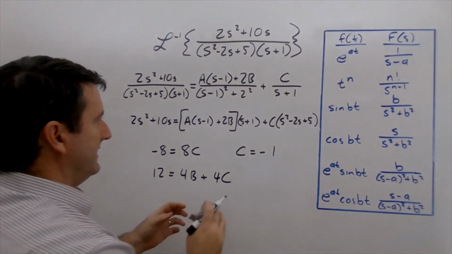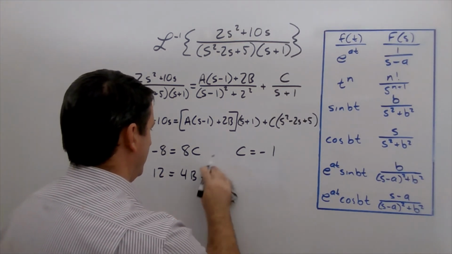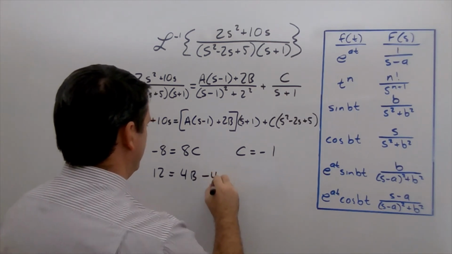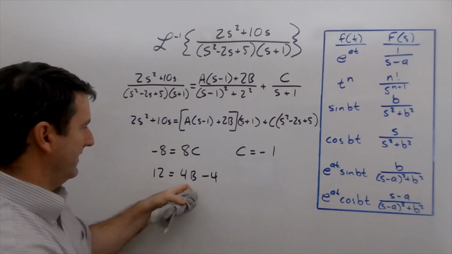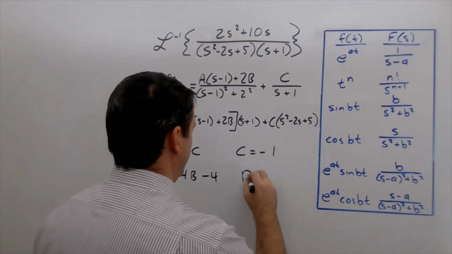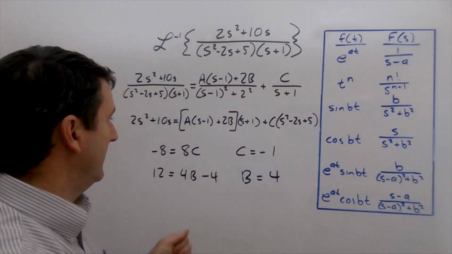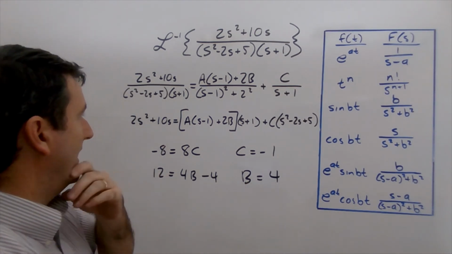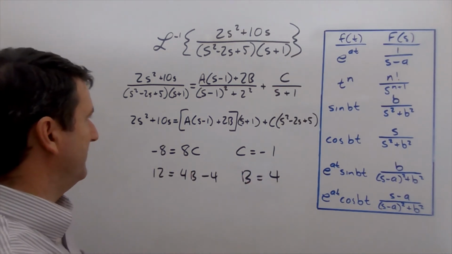But we know that c is -1, so this is going to become -4. And then if we add 4 to both sides, we get 16 over here. Divide by 4, we're going to get that b is equal to 4. All right, so we've got 2 of them now.